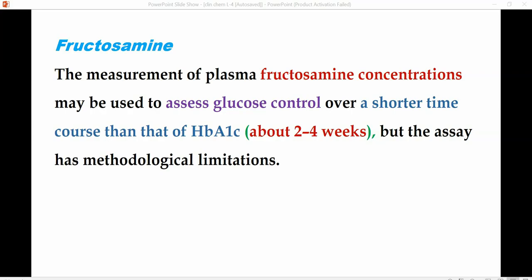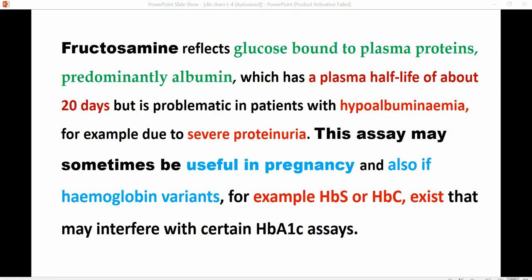This measurement of fructosamine is mainly indicated for females having gestational diabetes mellitus, in order to assess the control of plasma glucose level, to monitor the treatment with insulin, and to adjust insulin dosage based on the plasma glucose level.